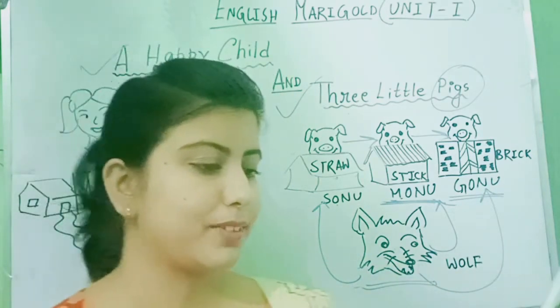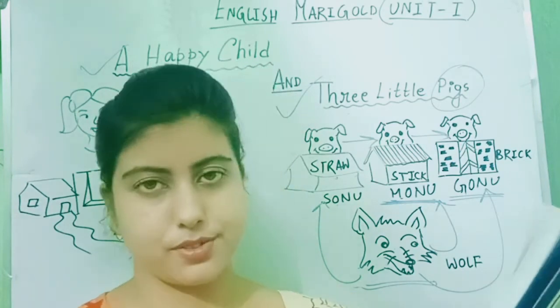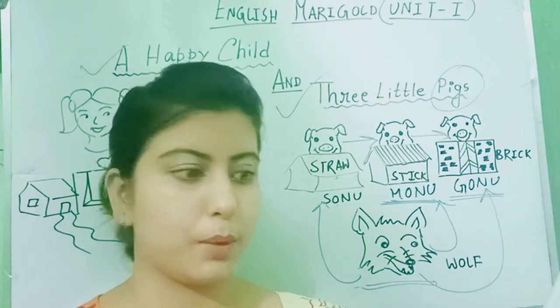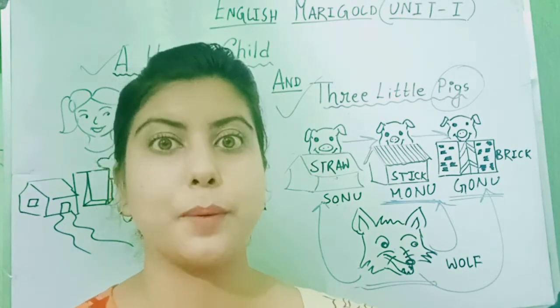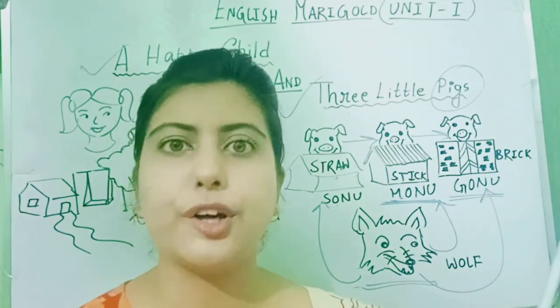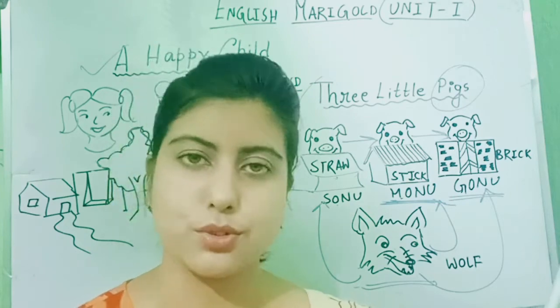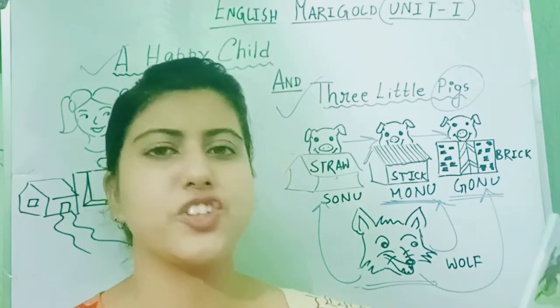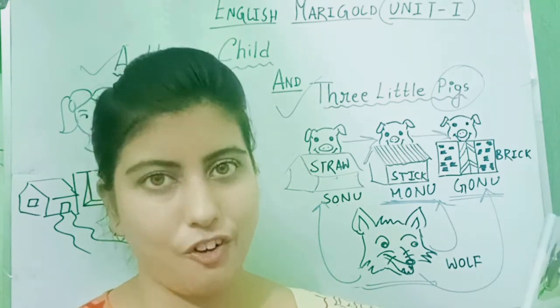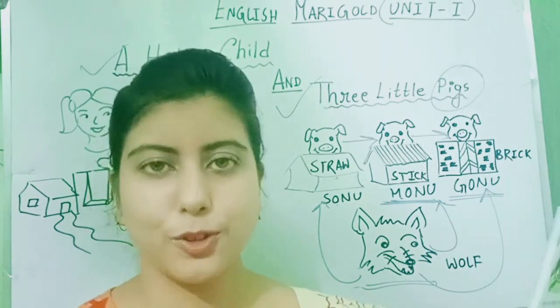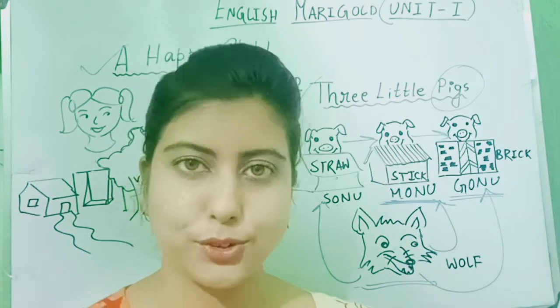Now, he huffed and he puffed, but he could not blow the brick house down. As the house of Gonu was made of brick, it was very strong, so he could not blow it down.